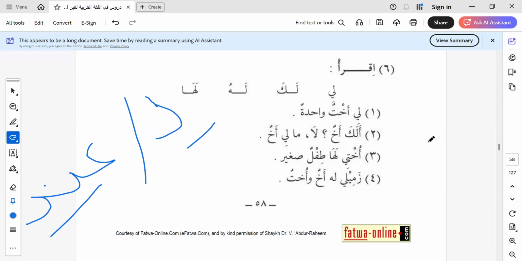You are going for a walk and you say, okay, my daughter is going to stay with you until evening. So you would say, أجعل بنتي عندك إلى المساء. I will put my daughter عندك, under your care, under your watch until I go back.